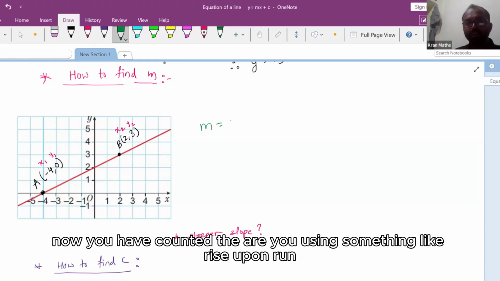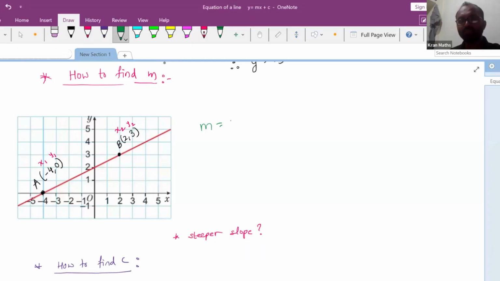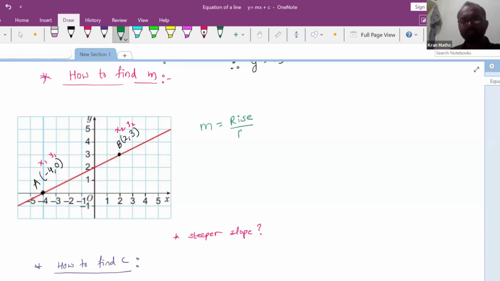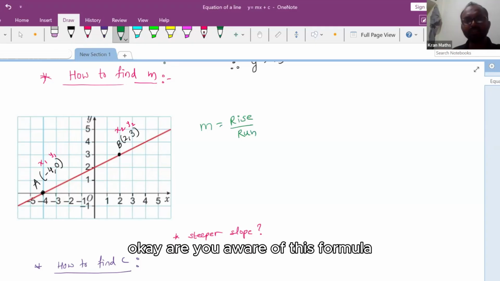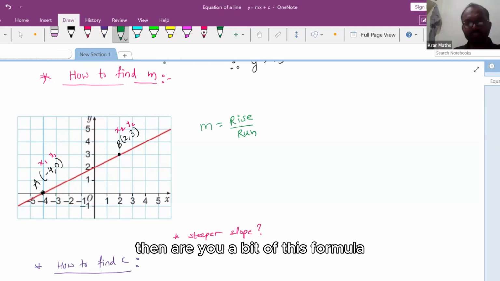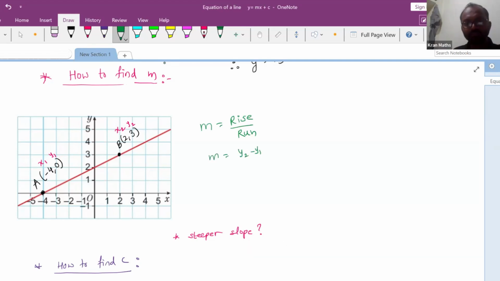Now you have counted; are you using something like rise upon run? We've been only taught up divided by cross. Are you aware of this formula?